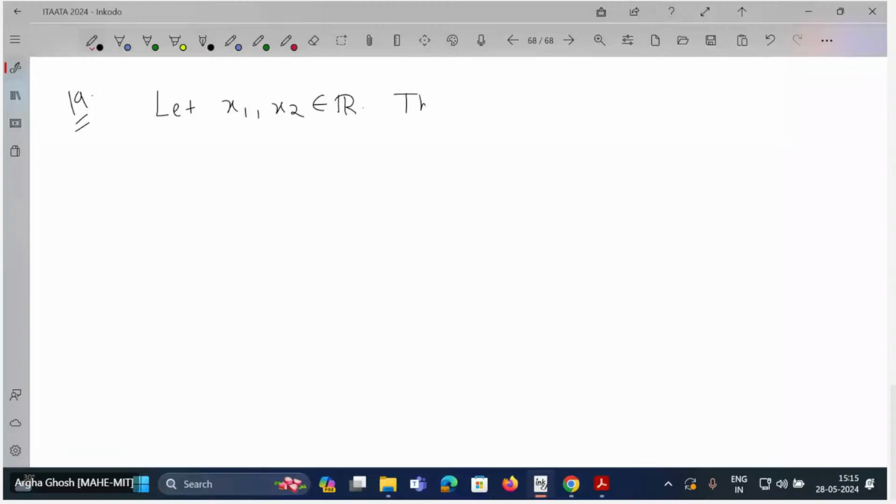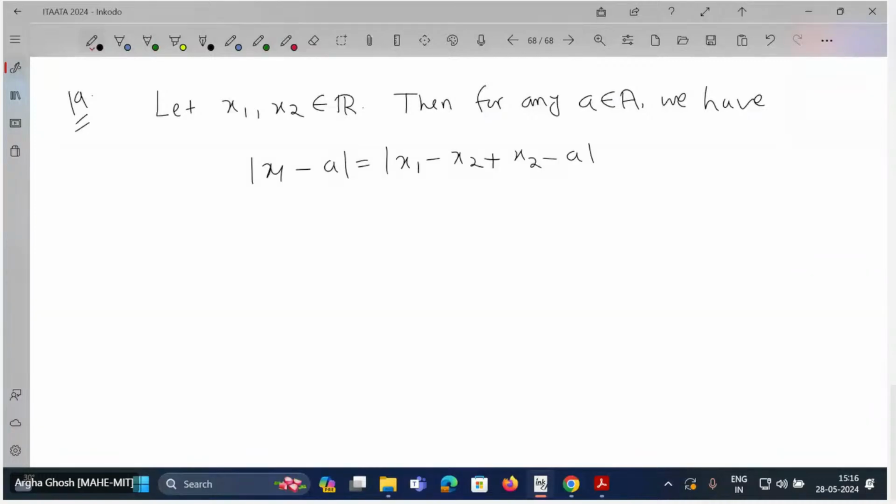Then for any a belonging to A, we have x1 minus a can be written as x1 minus x2 plus x2 minus a, correct? This can be written as x1 minus x2 plus x2 minus a.